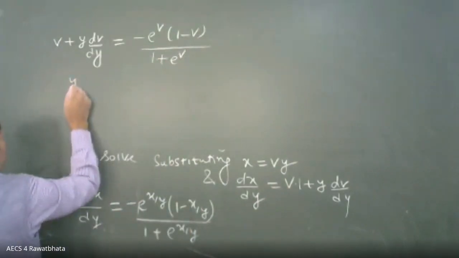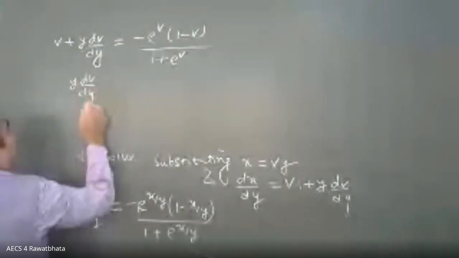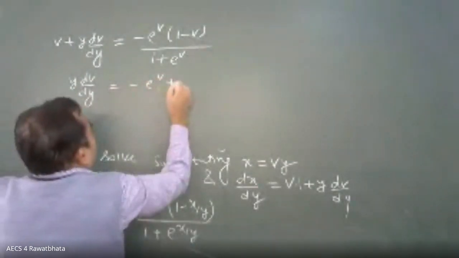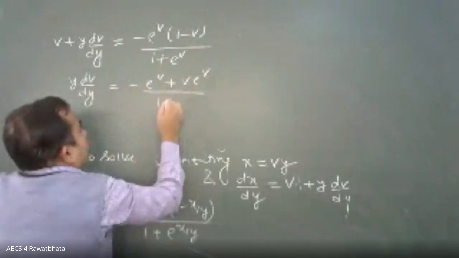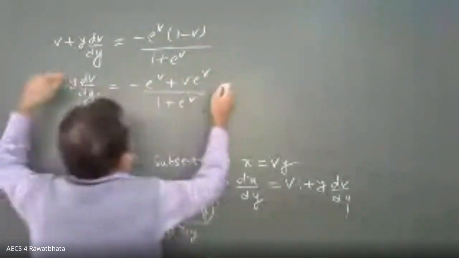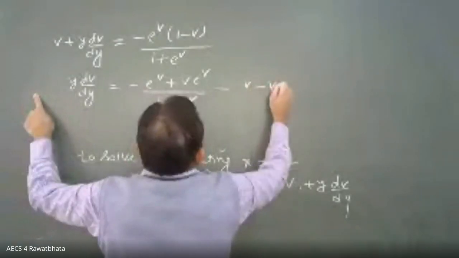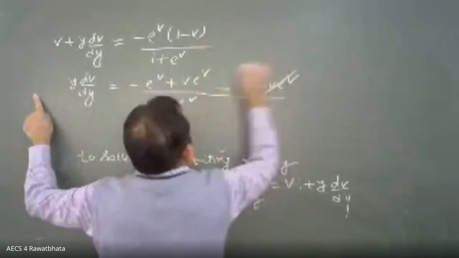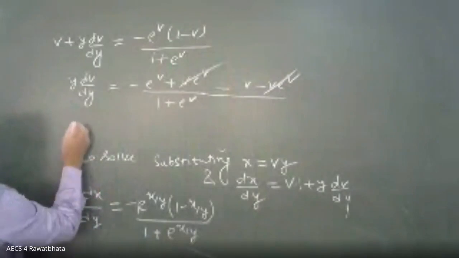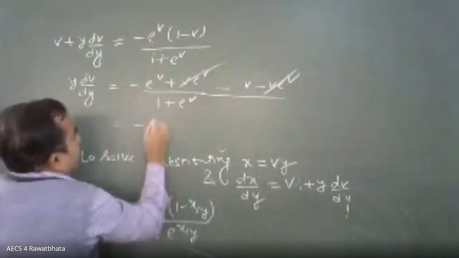So now separating the variables, bringing on the left and taking LCM, this gets cancelled, and separating the variables.